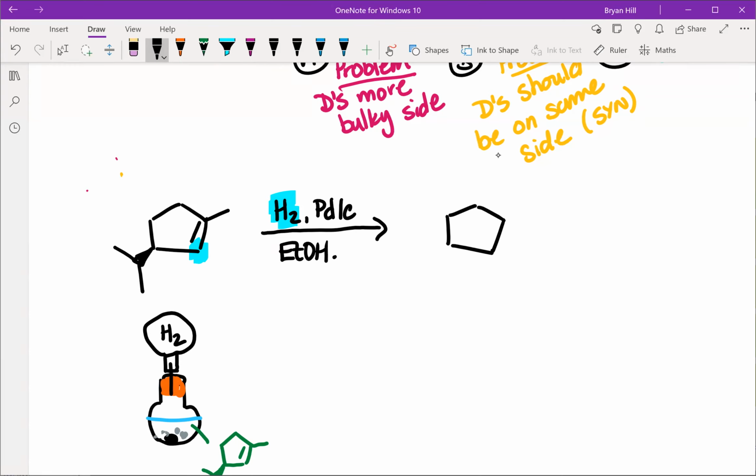So when hydrogen's being added, it's going to add on the opposite side to the isopropyl group. So our product should be this. Both the isopropyl and the methyl are now up because this H is down.